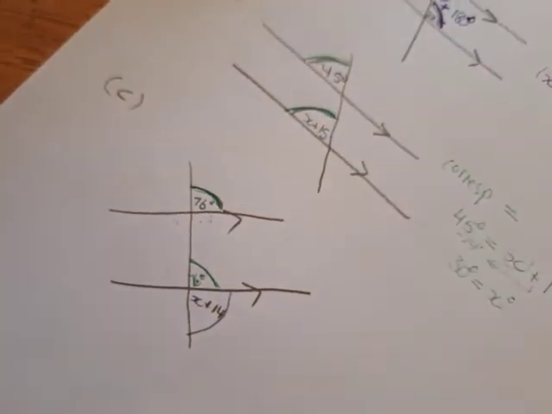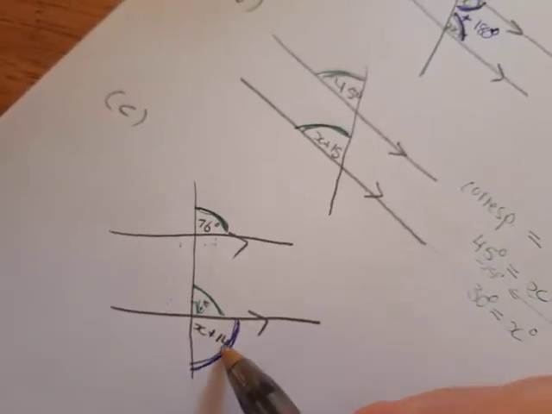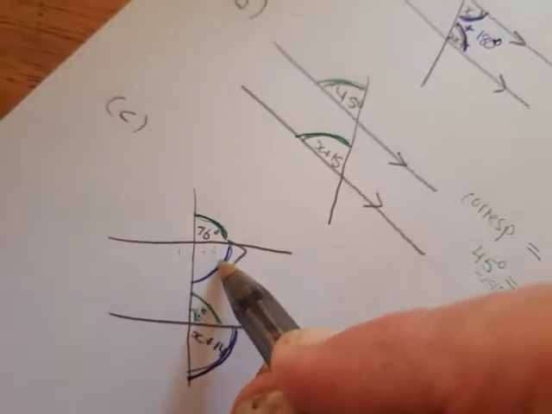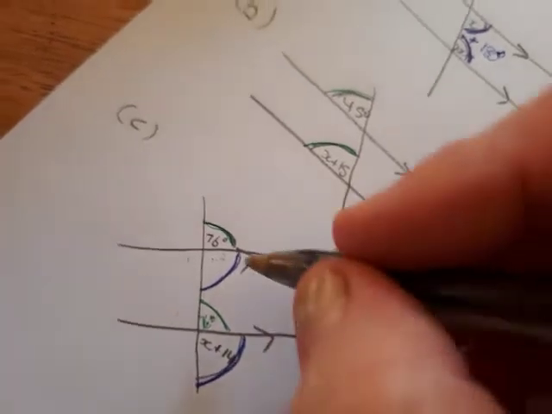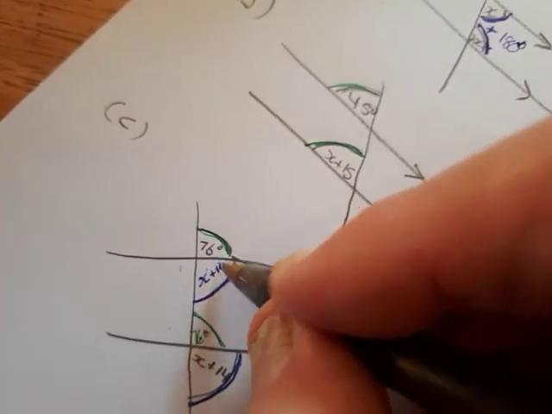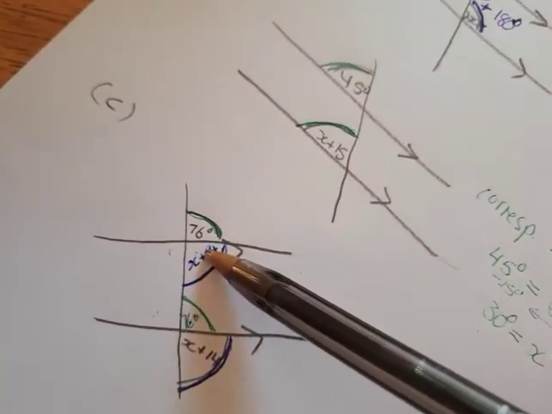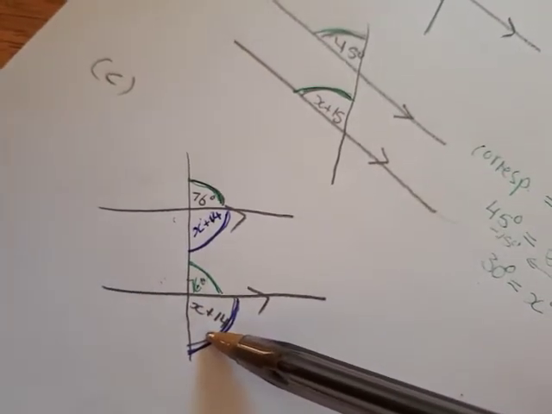At the same time, people, if you look at this one, okay, and that one, they are also corresponding equal angles. Therefore, this one must also be equal to x plus 14 degrees. So again, this one is on the inside of the parallel lines. This one is on the outside of the parallel lines.